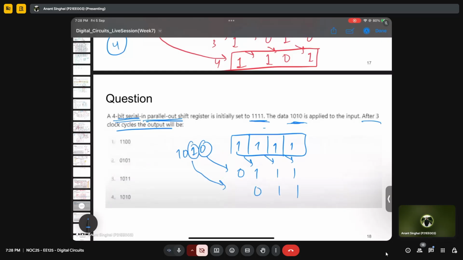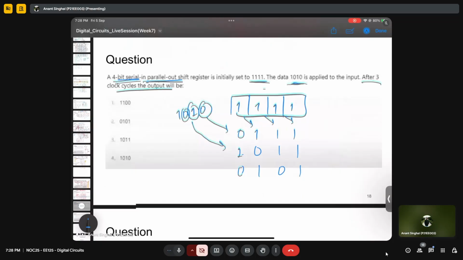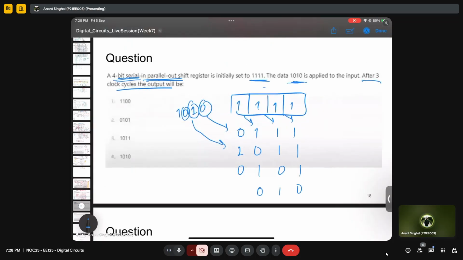This 1 will come here. It will be 1 0 1. This 0 will come here. It will be 0 1 0. This one will come here. So this is first, second, third, fourth. It says after 3.